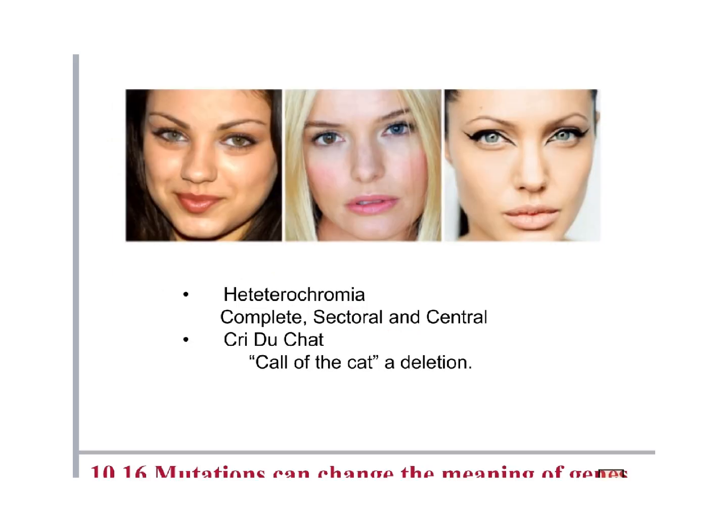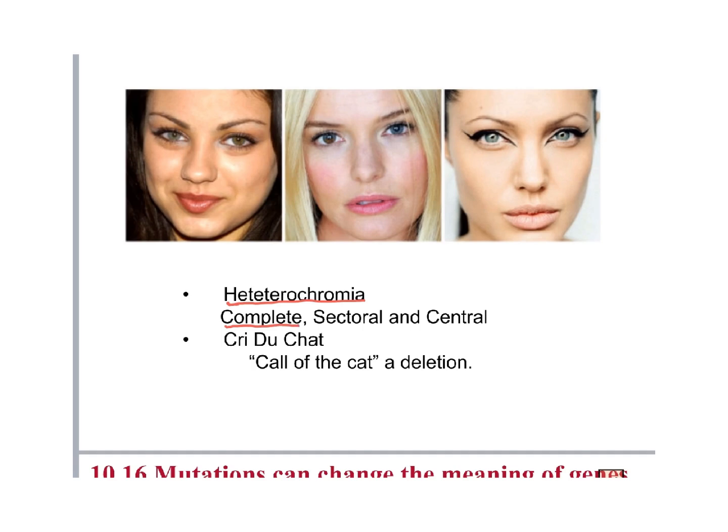Here are a couple of examples of a pretty common mutation. Maybe some of you guys even have this condition as a result of a mutation. Not the mutation, but it's a condition called heterochromia. Heterochromia means different colors. And there are different forms of it.